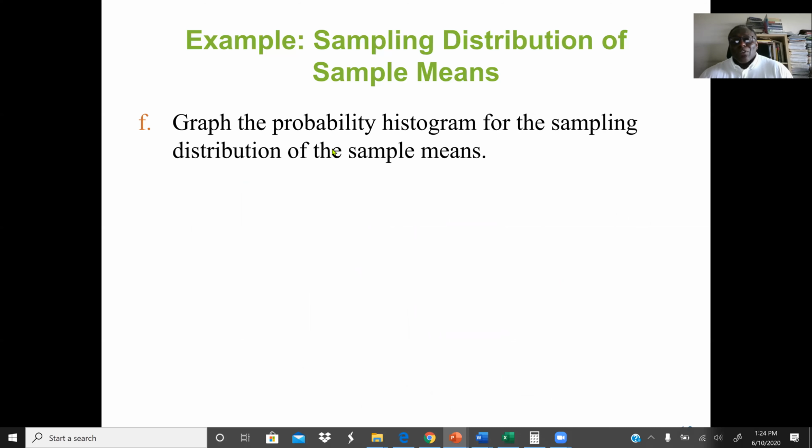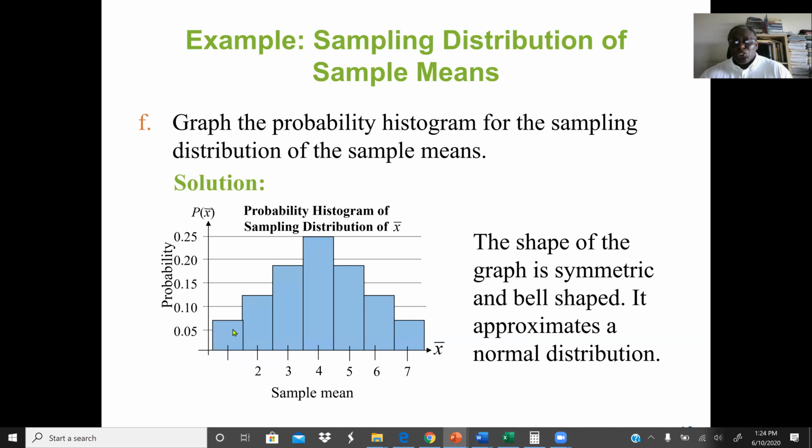So next, we should graph the probability histogram of the sampling distribution of the mean. Now this will give us a normal distribution. This is, I think, our last rule now. In this concept, the sampling distribution of the mean always gives the shape of a normal curve.